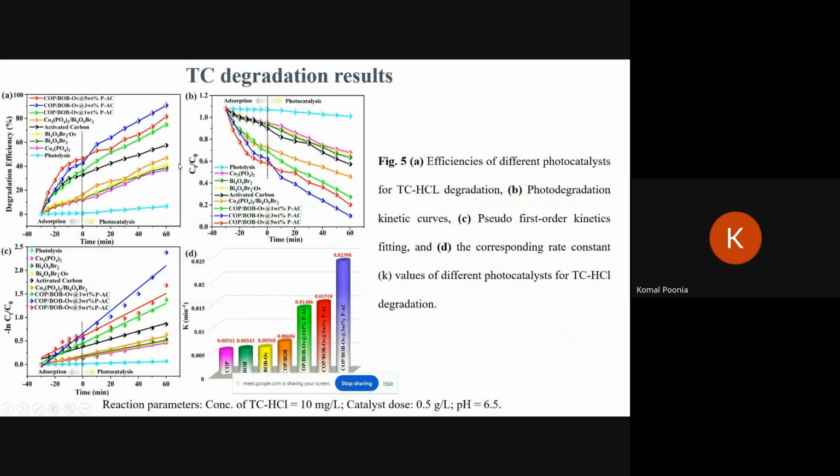The overall degradation result confirmed 90.7% degradation, which was achieved with the cobalt phosphate heterocomposite with 3 weight % of the activated carbon. The photodegradation kinetic curve shows that the reaction was of pseudo first order kinetics.